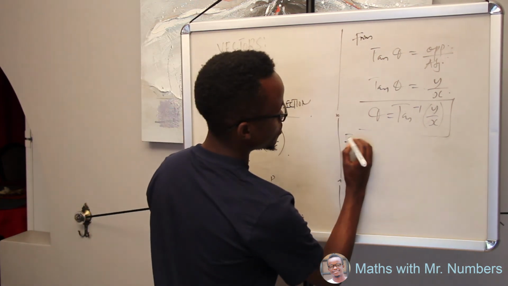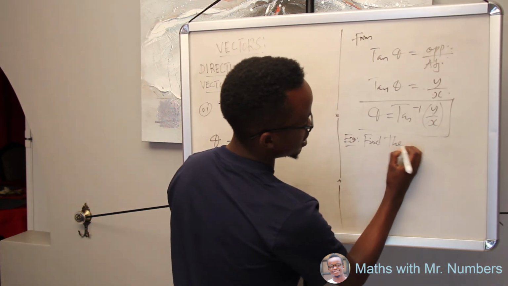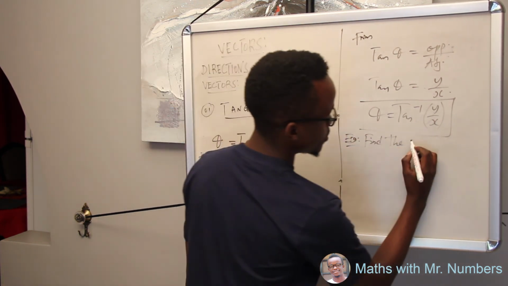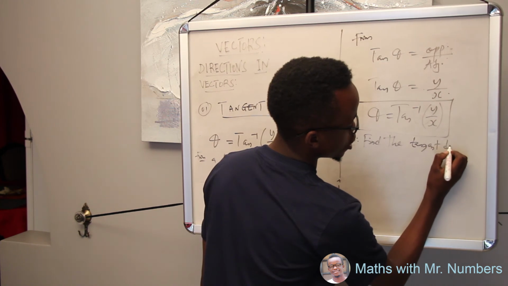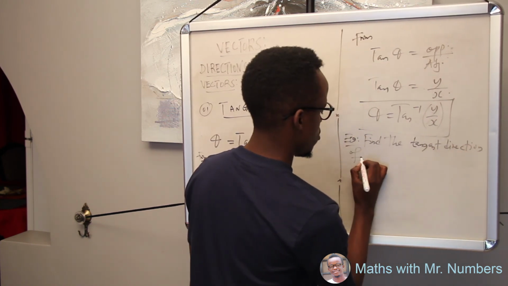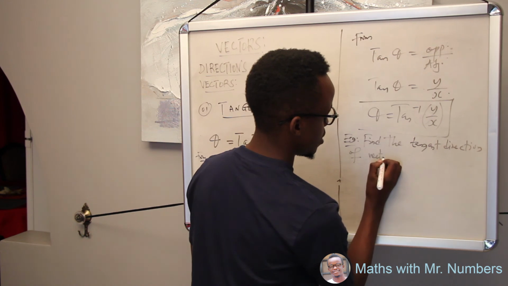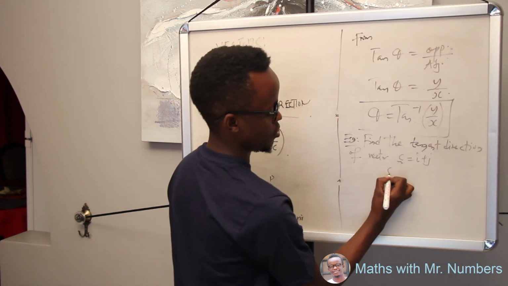For example, find the tangent direction of vector c equals i plus j. Solution.